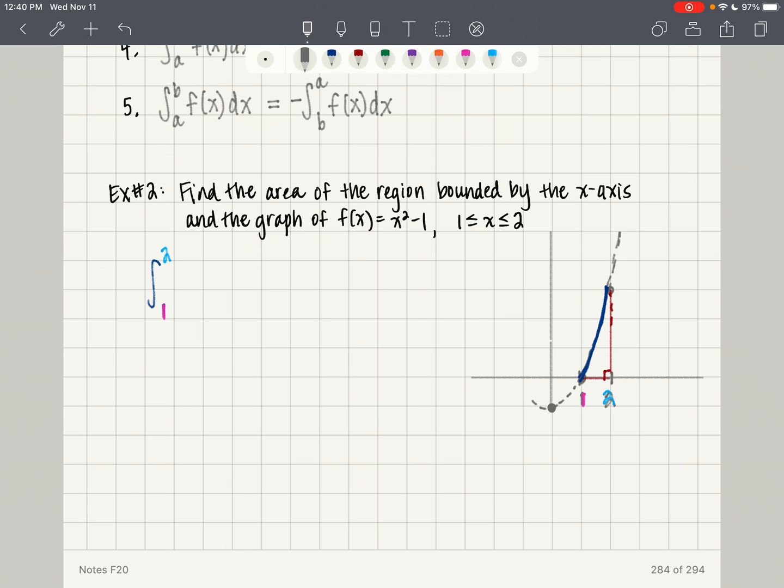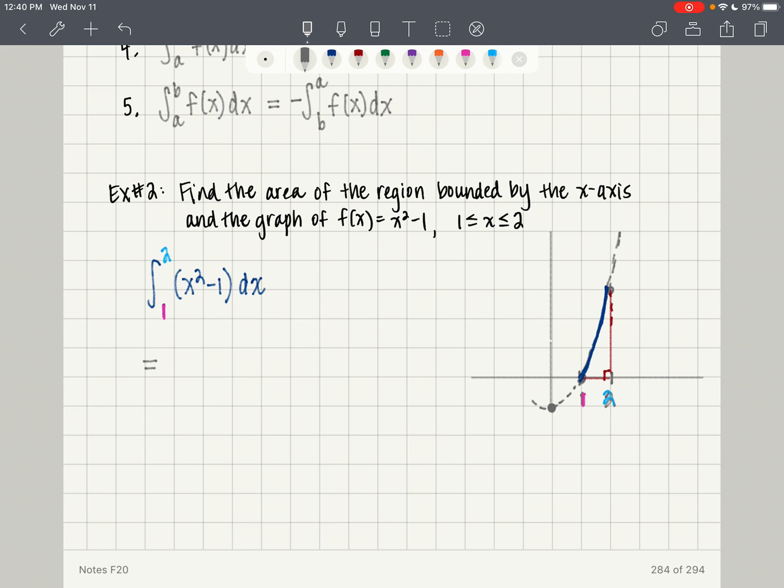And then the curve, which is that blue part right there, is going to be x squared minus 1. And then we have our differential dx. So we're going to evaluate this.